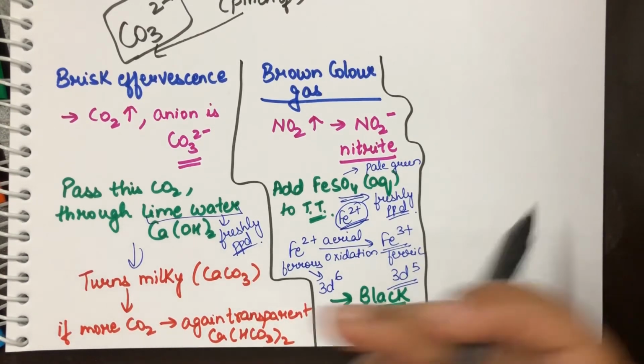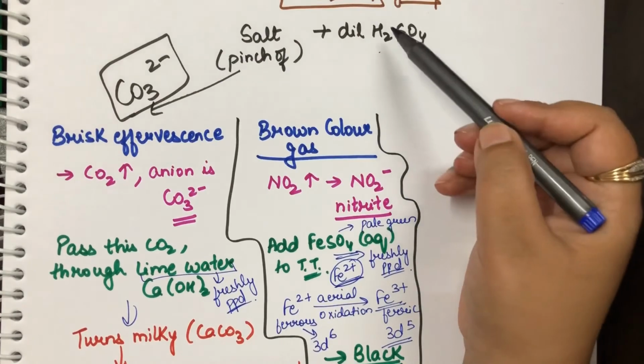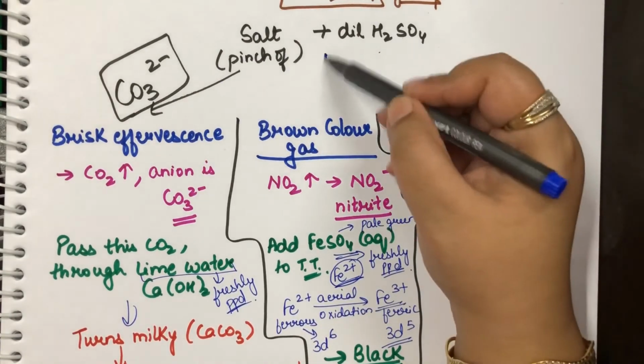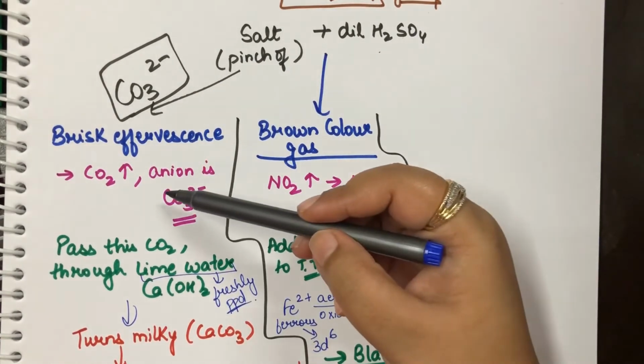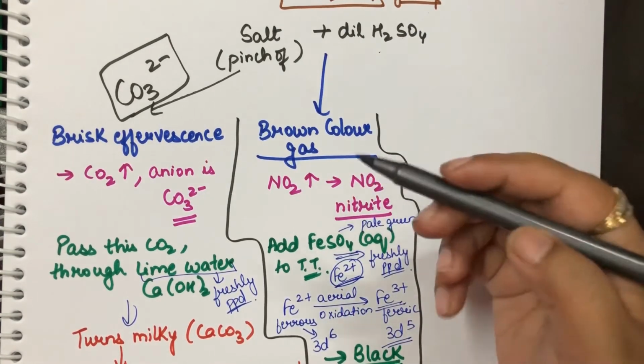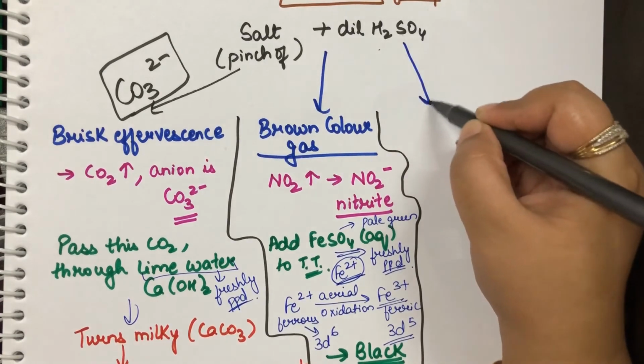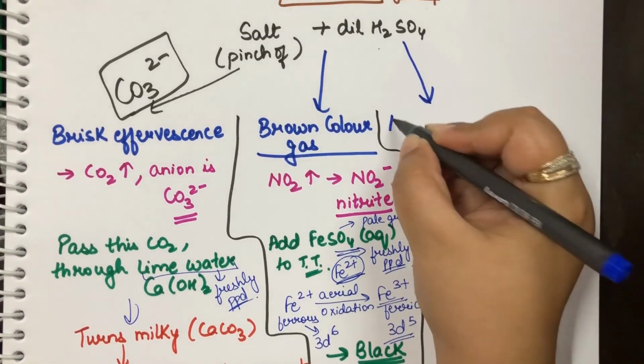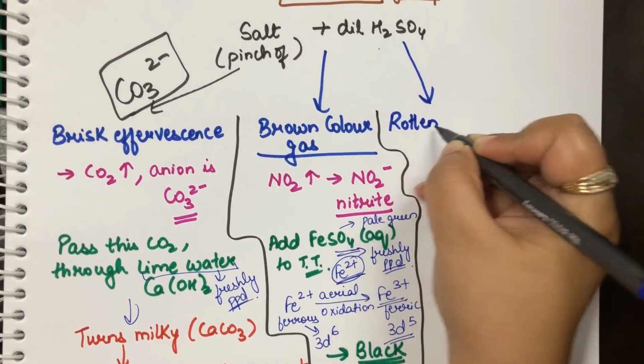Now you added salt and then you added dilute H2SO4 to it, and you saw brisk effervescence. You did not see it. Then the next option was there should be a brown gas, and you did not observe it either. The third case is you start smelling the smell of rotten eggs.